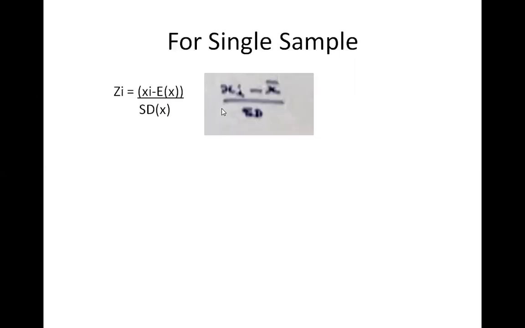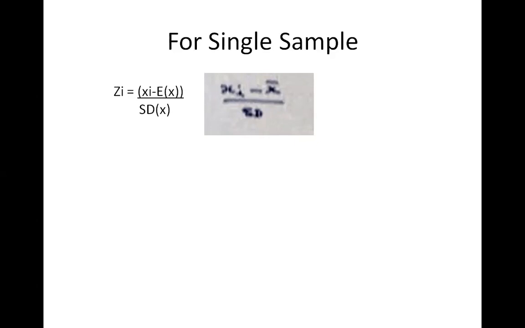So for single series or single sample, Z score is equal to the difference between the variable and its mean divided by standard deviation. So Z score is nothing but the deviation from mean in terms of standard deviation.